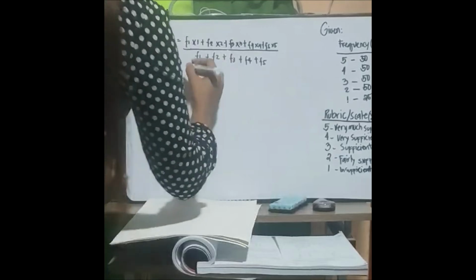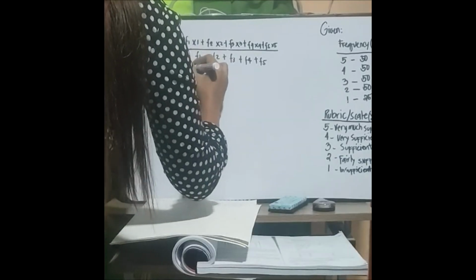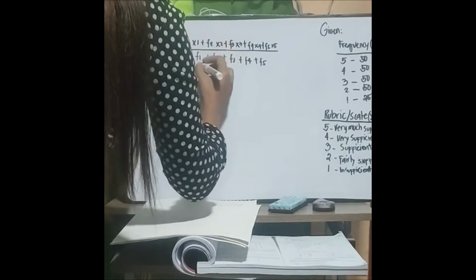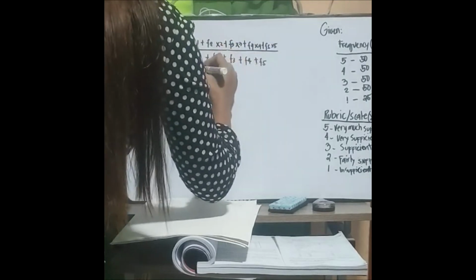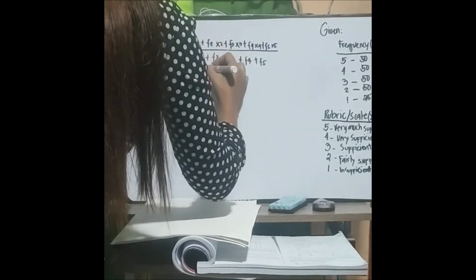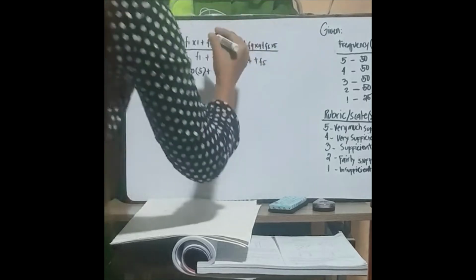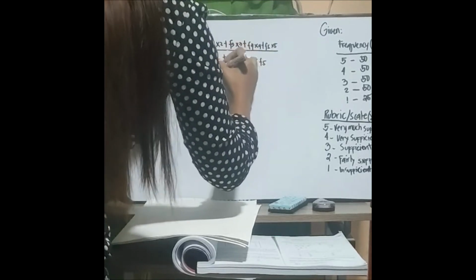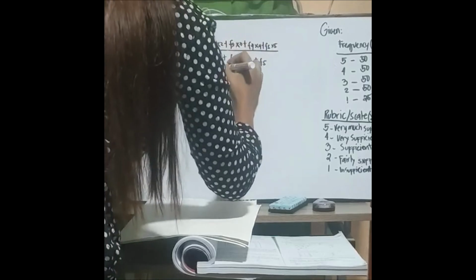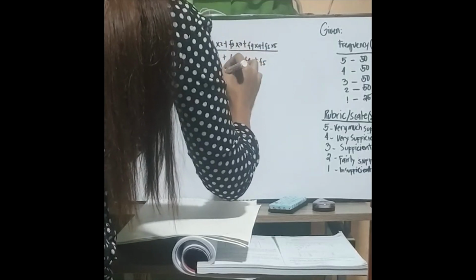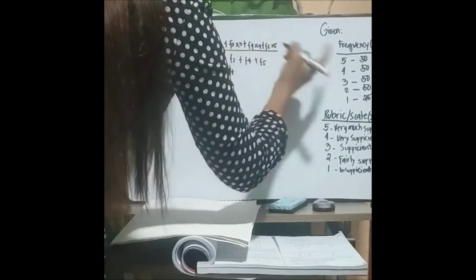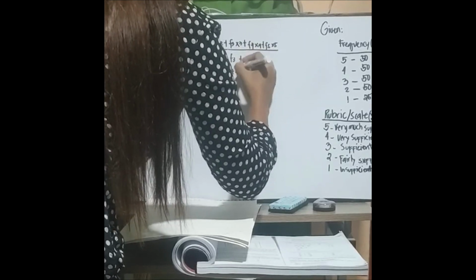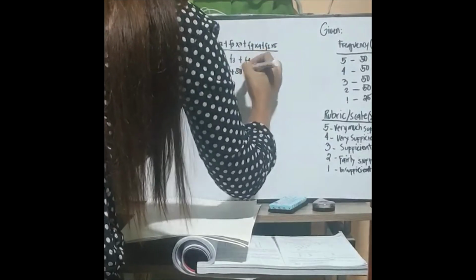So we have 50, who voted our x sub 1, which is 5, added by 50 again, our f sub 2, who voted for 4? Added by 50, our f sub 3, who voted 3?